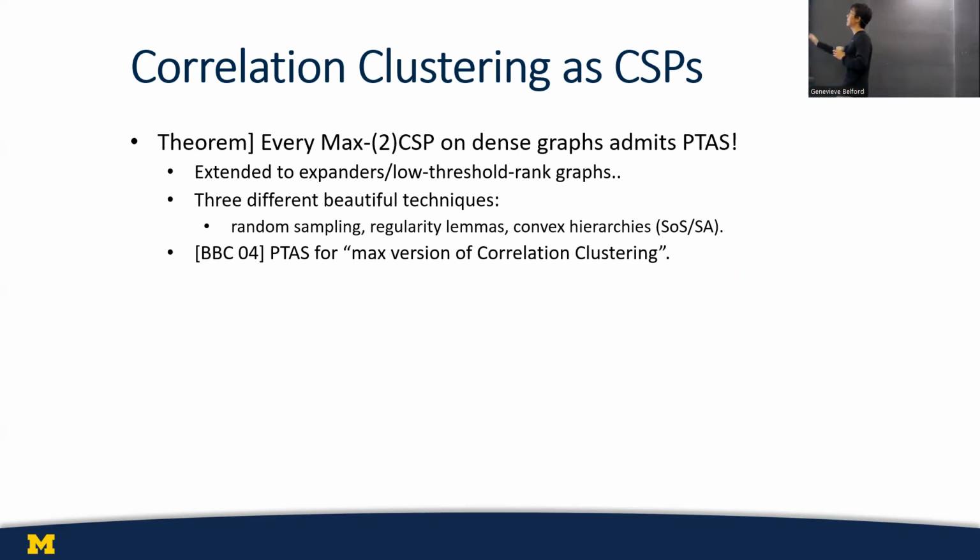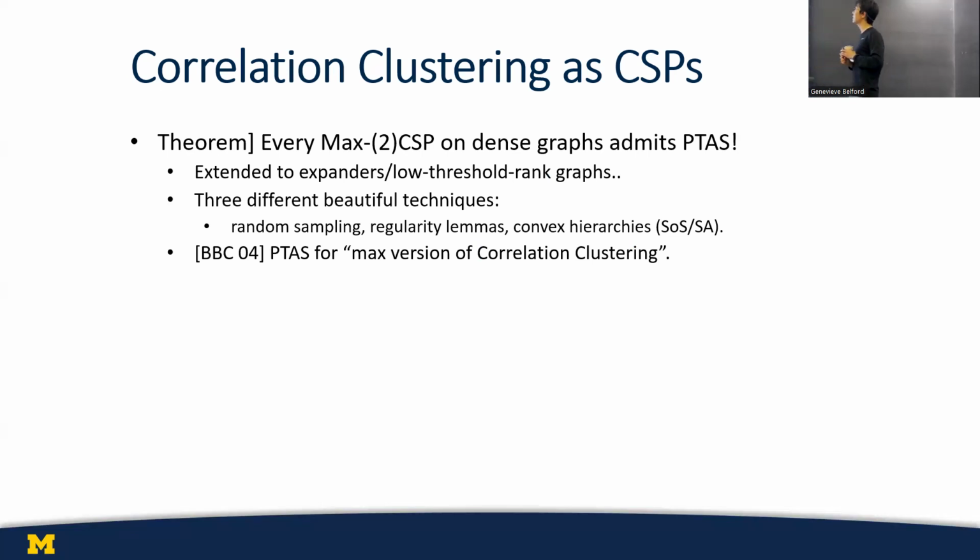And you have this nice result saying that every max 2-CSP, meaning each constraint depends on 2 variables, on dense graphs admits a PTAS. It doesn't matter if it's max cut, max lin, or max 2-set. So every 2-CSP on dense graphs admits a PTAS. That's really good news. It's even more general than complete graphs.